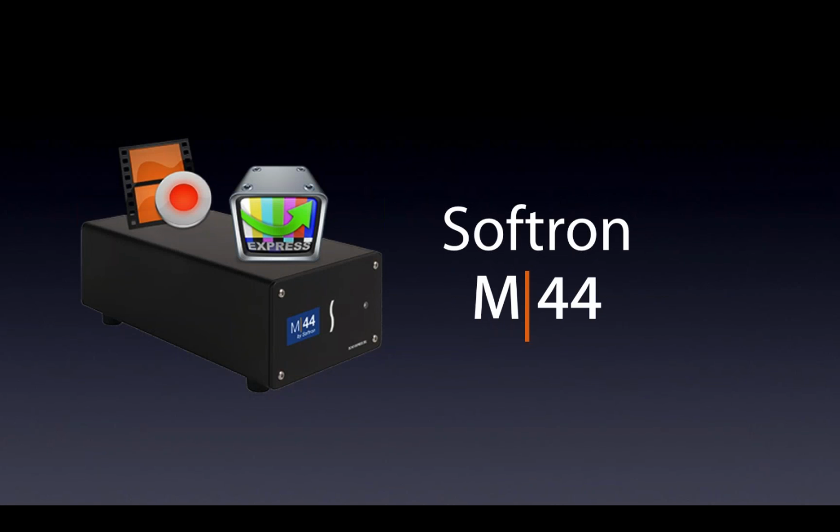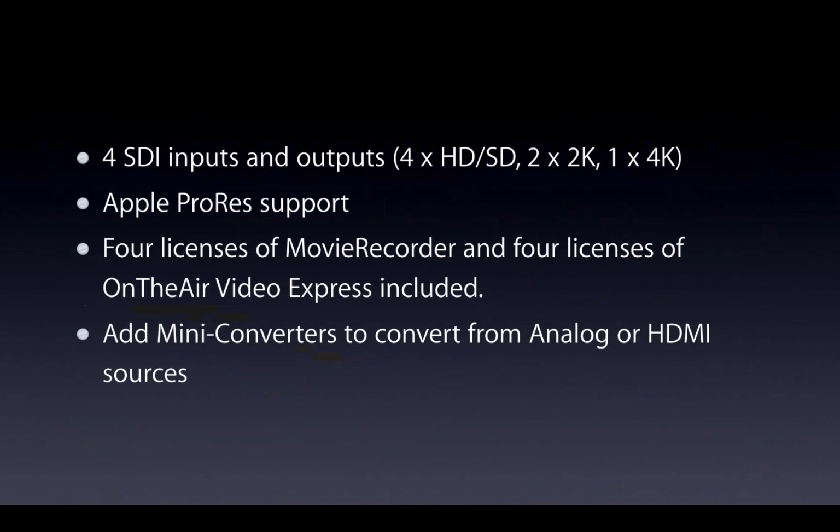There's actually a product called the M80 that's even more dense, but the M44 is a 4-in, 4-out box that supports time slipping, with greater density than you see on those Blackmagic devices. Full ProRes support, and it comes with 4 licenses of Movie Recorder to give you potentially 4 record inputs. So a couple of fixed cameras and maybe a couple of mobile cameras for your sanctuary, and you're off to the races with something like the M44.